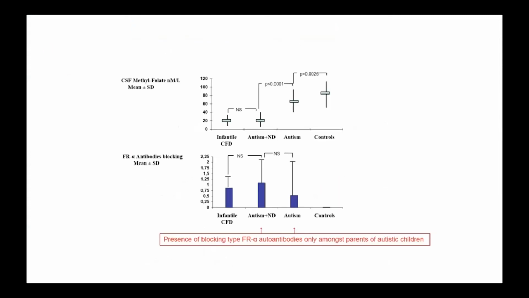So here you see, on top, the CSF folate levels, the mean and standard deviation, and on the bottom, you see the folate receptor alpha antibody titers. And you'll see that in the infantile CFD and autism with neurological deficits, there is not much difference.